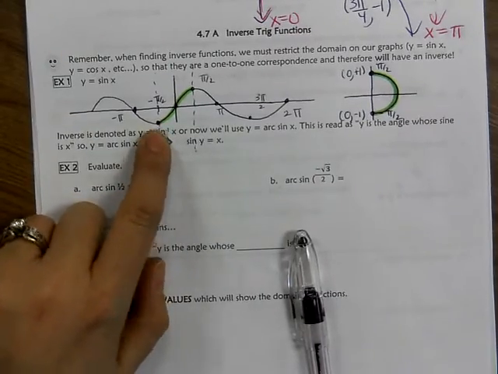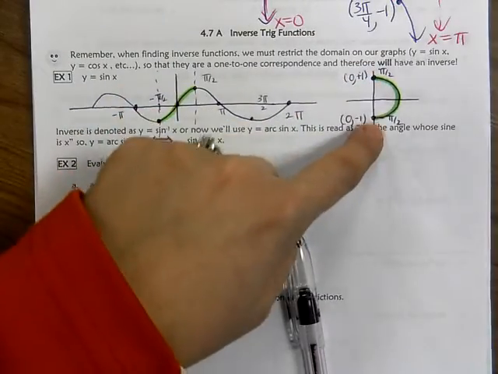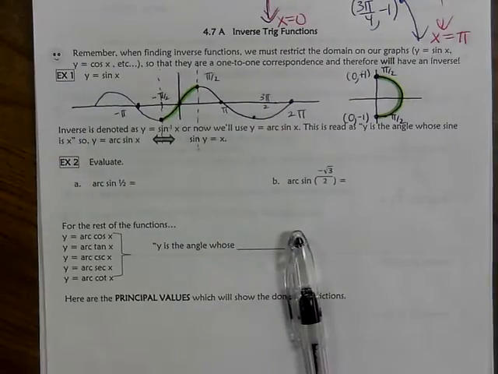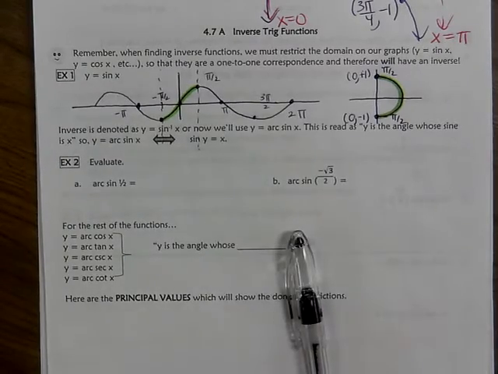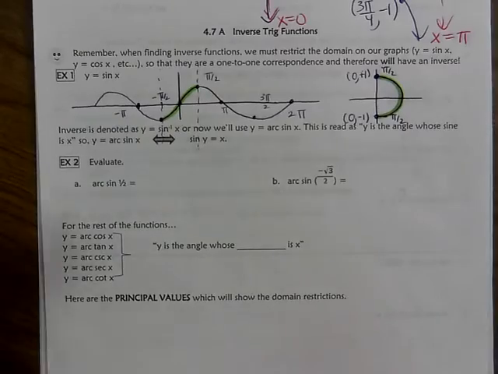Right? This is from negative pi over 2 to pi over 2. This is from negative pi over 2 to pi over 2. Alright, and that's just where those curves come from. That's where all those repetitive waves come from. We just graph those points from the unit circle. Alright, so if you define a new domain of values, if you restrict that domain, then we can find the inverse.